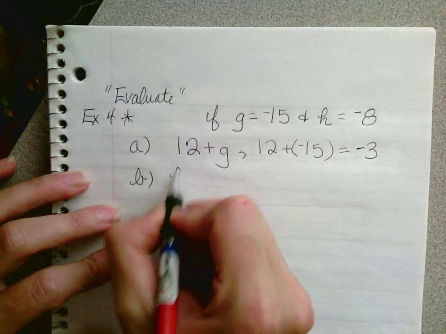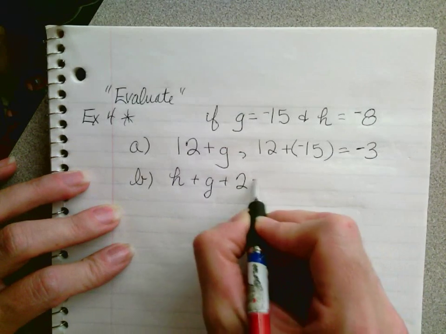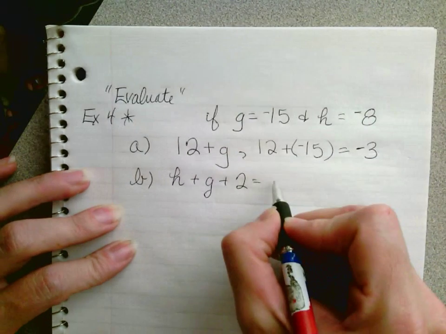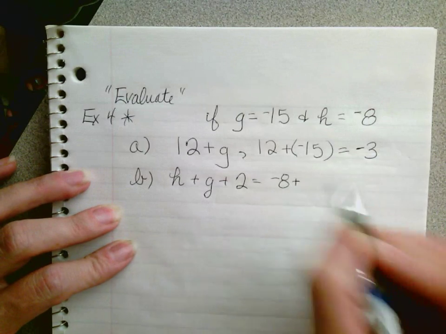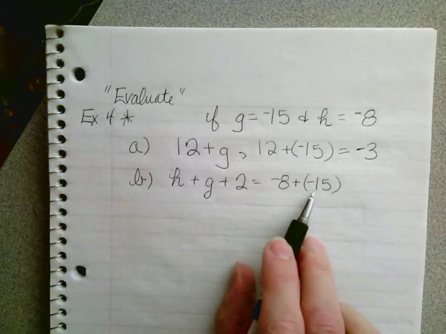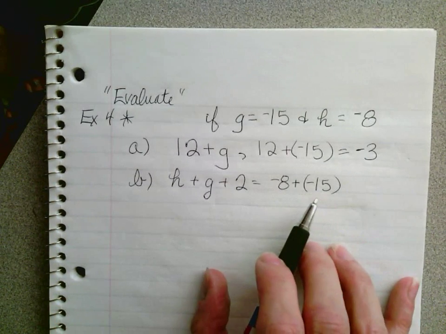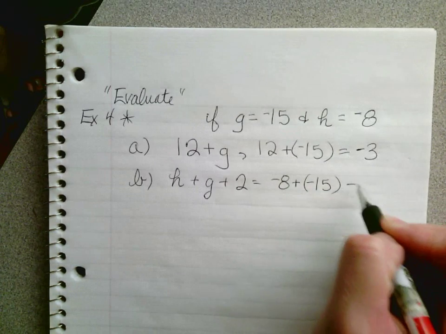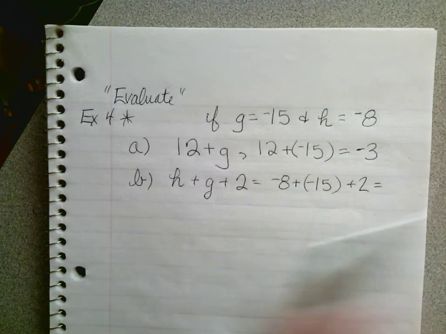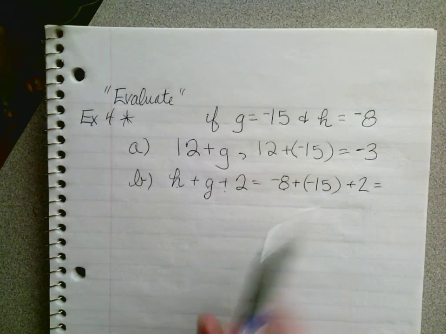Letter B. H plus G plus 2. H is negative 8. G is negative 15. And the only reason I'm putting those parentheses there is it helps my brain. Okay, that's why I do it. Some of you may not find it necessary. Plus 2, right? H, G, 2.